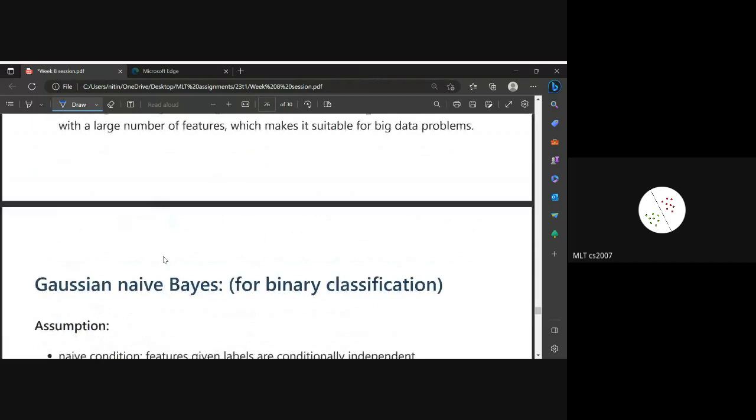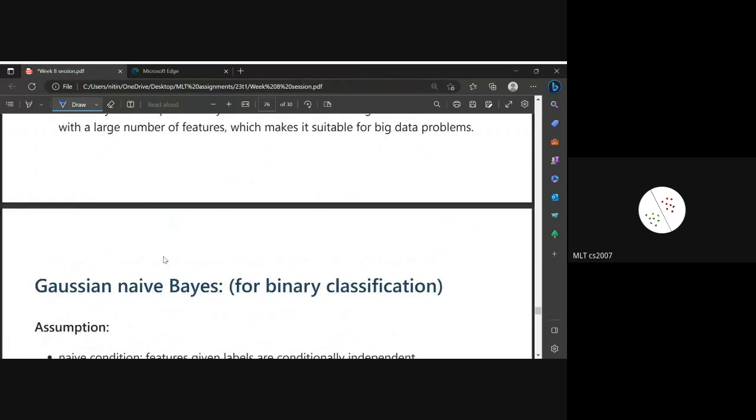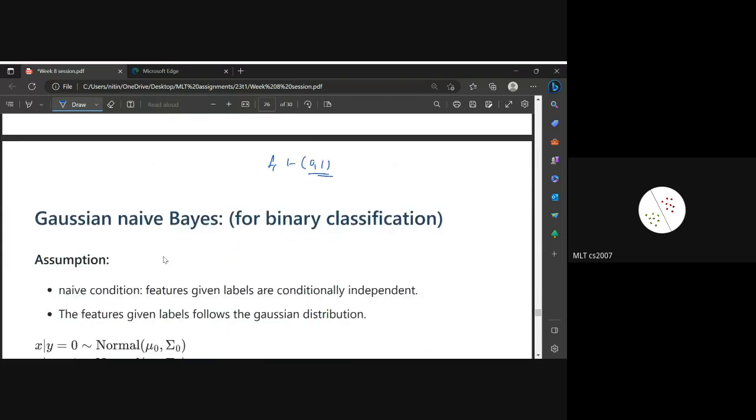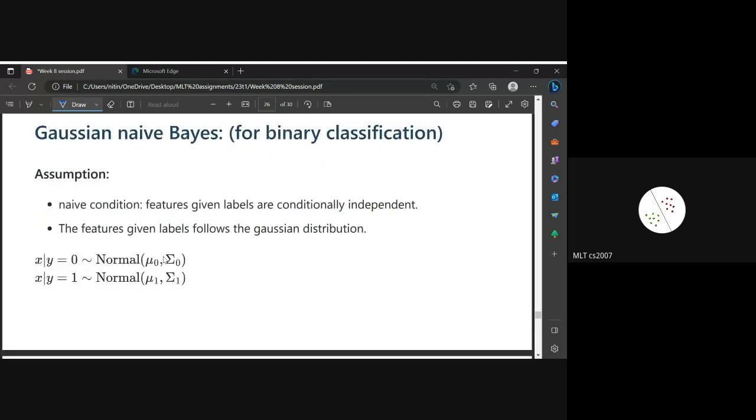Okay, so this is Bernoulli, where we assumed all the features take only 0 and 1 values or some discrete values. Rather than assuming this, we are removing these conditions and going for the real feature space, where features can take any real values. Now we assume that given the labels, the features come from Gaussian distributions.